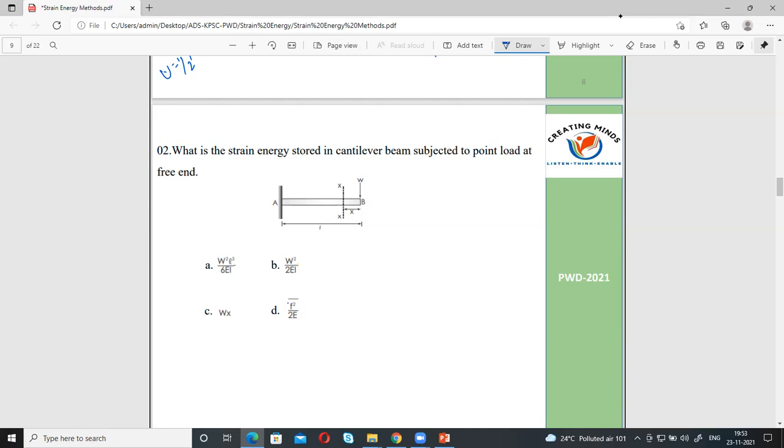First, what is the equation? U equals integral of Mx L dx by 2EI. What is Mx? W into x. x from 0 to L, W into x into L dx by 2EI.